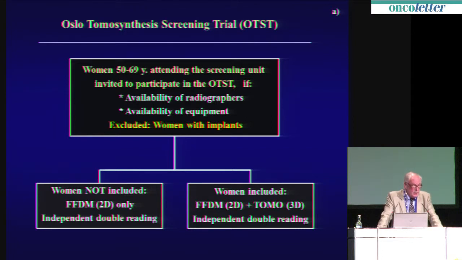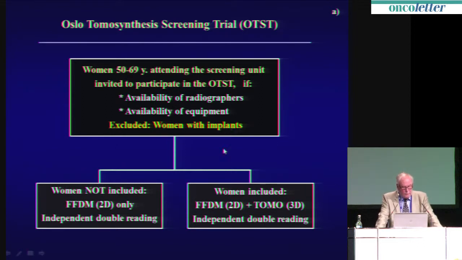Very few women declined to participate in the study. In most cases, it was the availability of radiographers that was the limiting factor, not because a tomo takes much more time. It takes only 4 or 5 seconds more time for review, only 4 or 5 seconds. But of course, when the women are participating in a trial, they have more questions and they want to know what it is, so it takes overall a longer time for the radiographers.